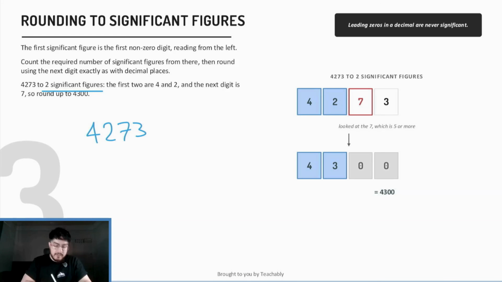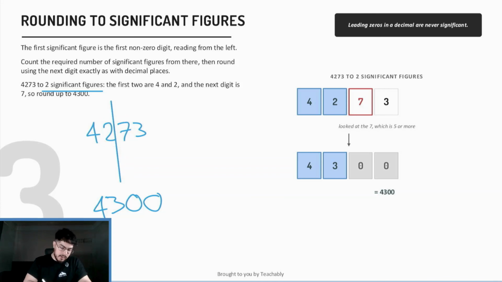We count from the left and see how many numbers we have. So 1, 2. That is 2 numbers that are non-zero. Because these are the first 2 significant figures, we put a line in the sand and then we check if this is 5 or more or 5 or less, and then we either increase or leave. Because this is more than 5, we are going to increase and then make these 0. And so this is going to be 4,300, like that.